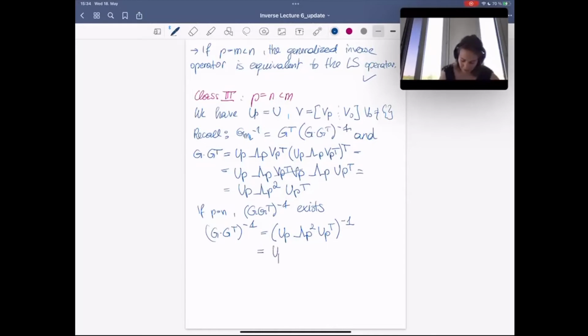And this equals UP lambda P to the power of -2 UP transpose.